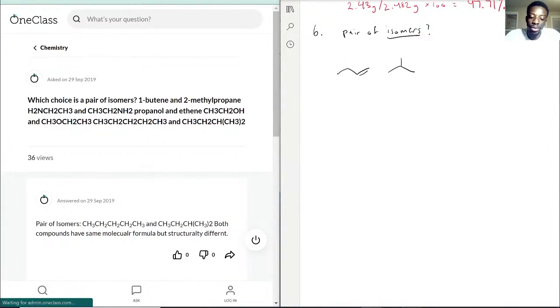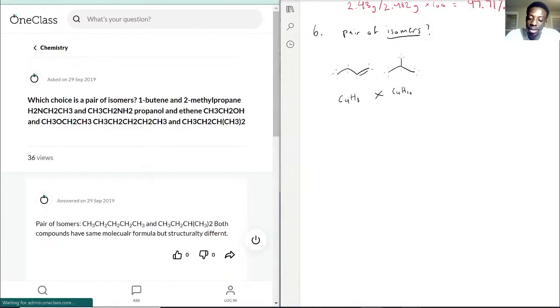So 1-butene and 2-methylpropane. We have to find out first if it's even a constitutional isomer. 1-butene has 4 carbons, and hydrogens 1, 2, 3, 4, 5, 6, 7, 8, so C4H8. Now 2-methylpropane also has 4 carbons, and 10 hydrogens, so C4H10.